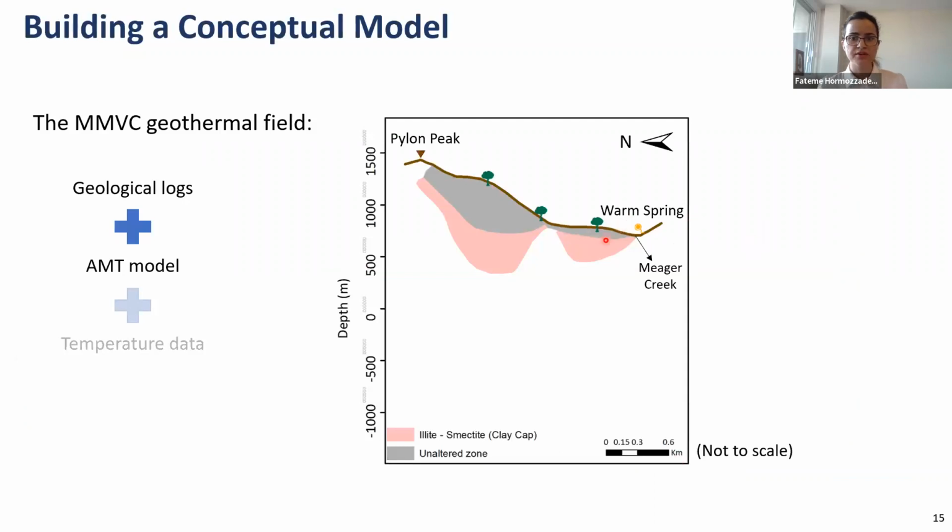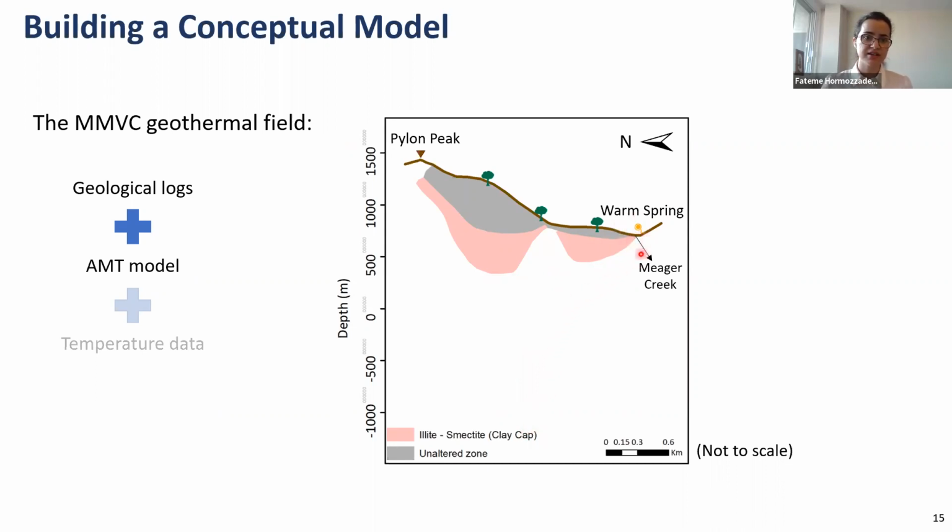So here I'm going to build a model starting with the structures from the AMT model and interpreted by the geological well logs. I have added those two layers that I mentioned, one layer with higher resistivity, the unaltered zone here, and also the second layer as the illite-smectite clay cap.